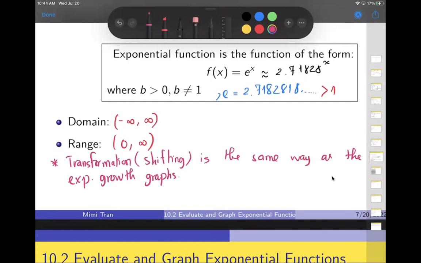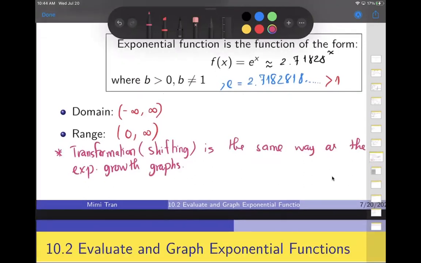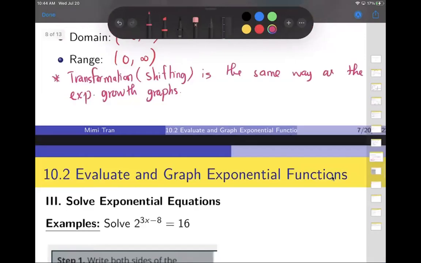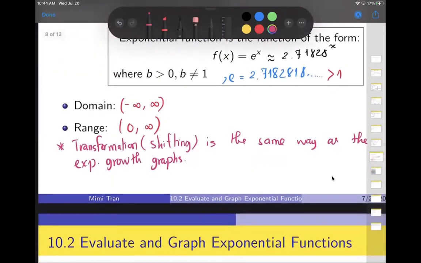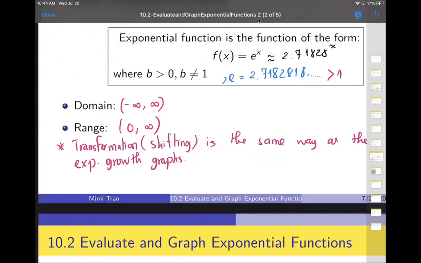But because 2.718 is bigger than 1, maybe I'll show you on the decimals a little bit.